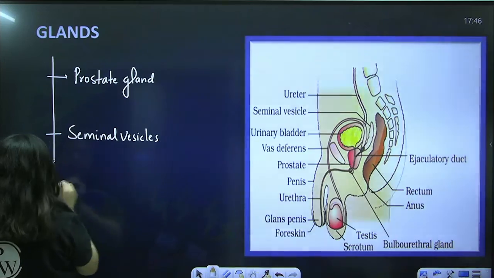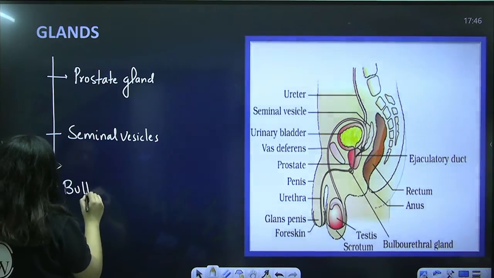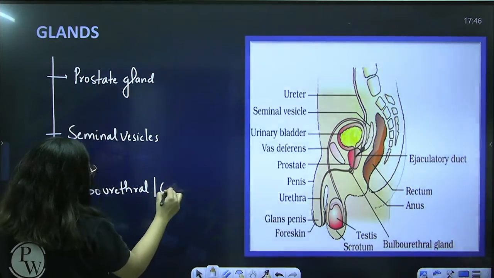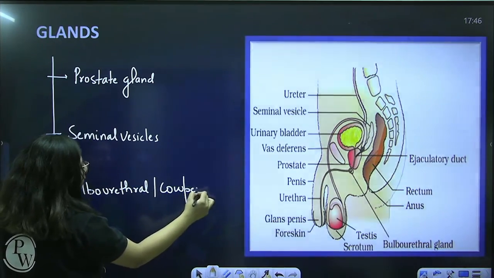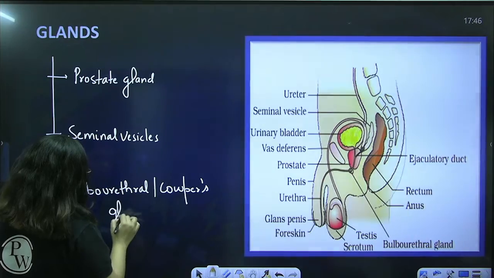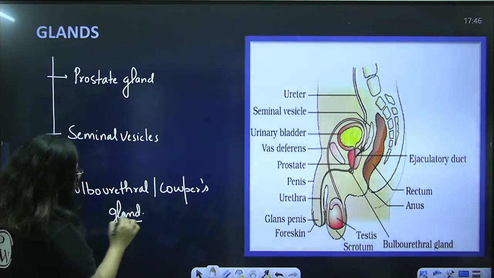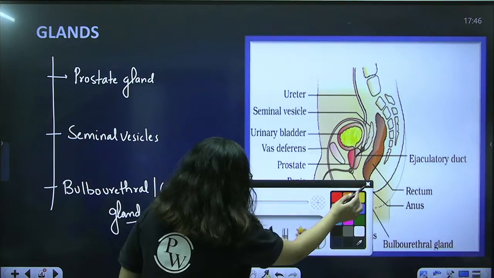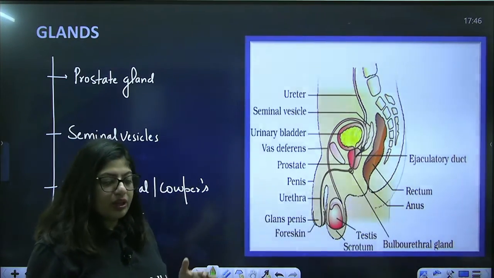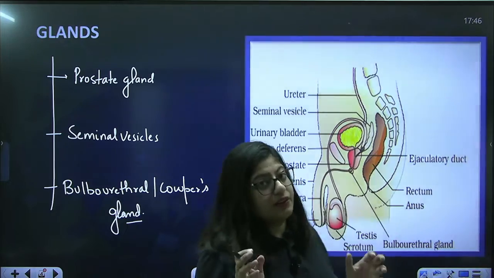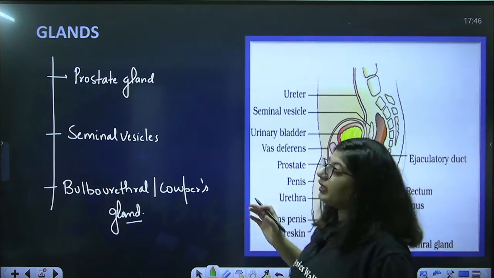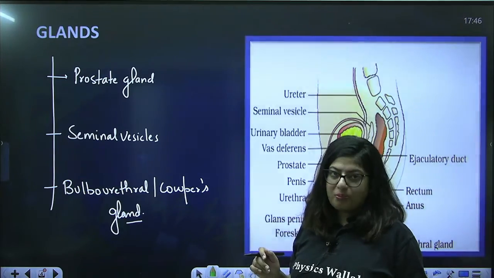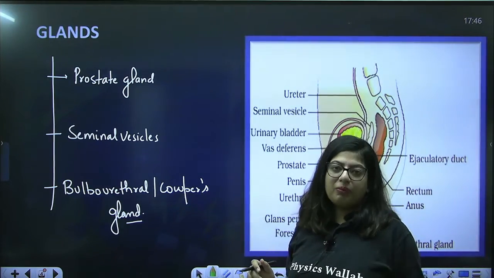And third is bulbourethral, which has another name, Cowper's gland. I am just introducing you to the names first, then we will talk about the detail. We are just going to talk about first the names and the location. So there are 3 glands: prostate, seminal vesicles and Cowper's gland, also known as bulbourethral.